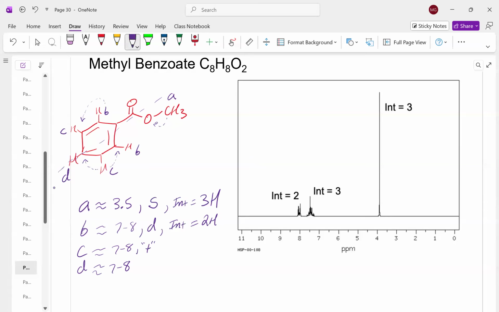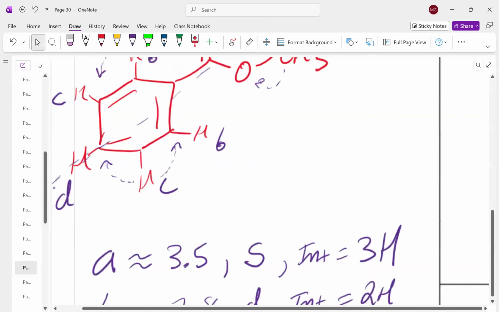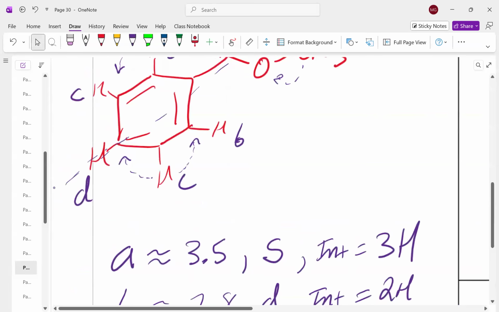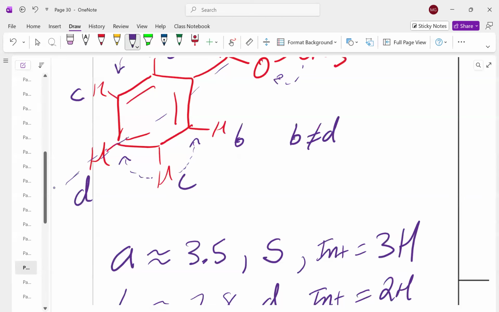Now I'm going to put this in quotes, and I want you to see something here. I'm not going to go much farther into this, though. Notice that B and D are not equivalent to each other. So C will probably show up as a weird looking triplet.